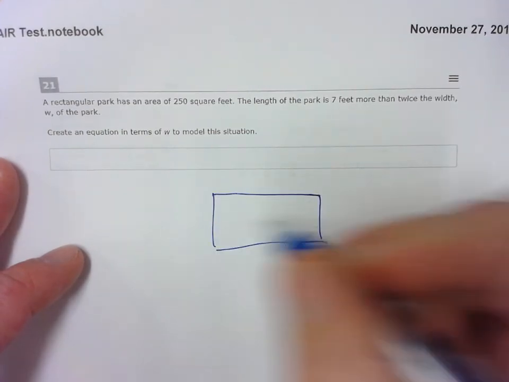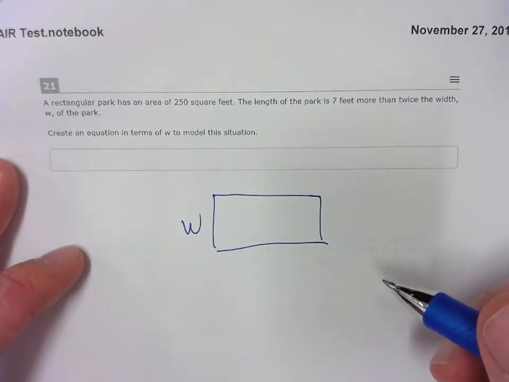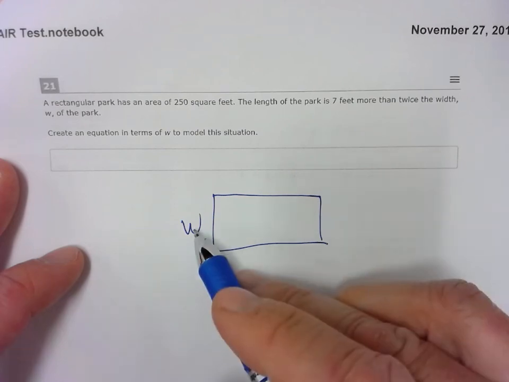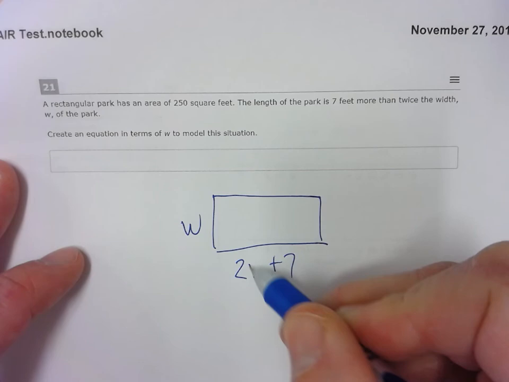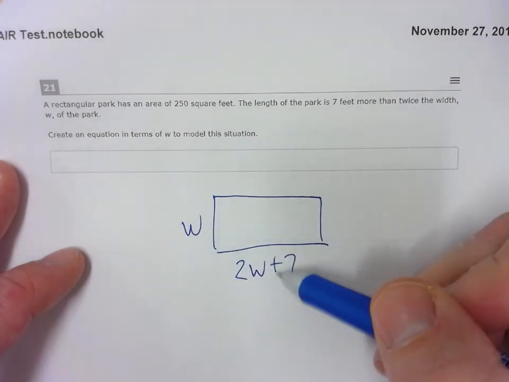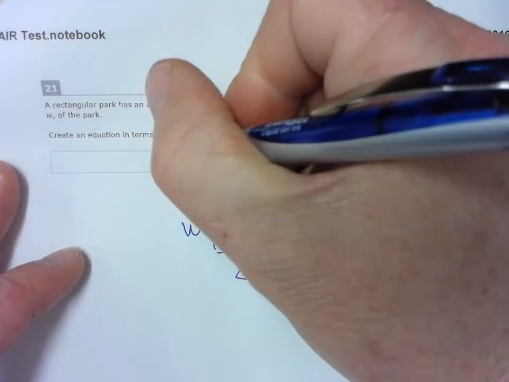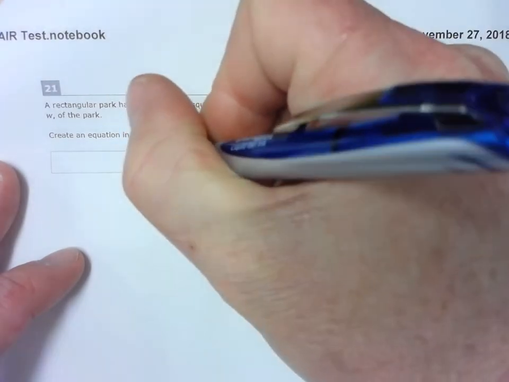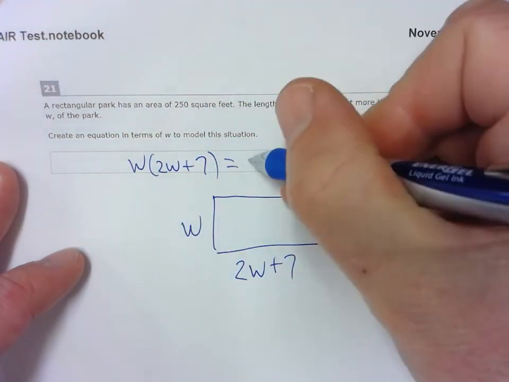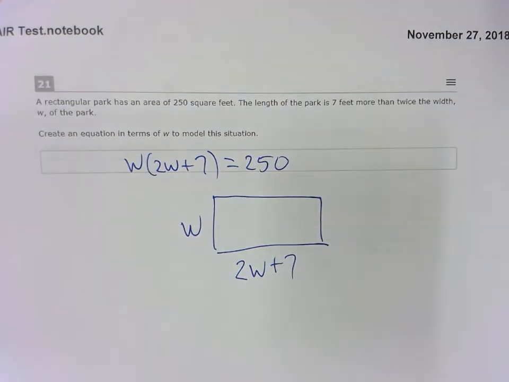So here's width, okay, and the length is 7 more than twice the width. So 7 more means plus 7 and then twice the width. Okay, so the area would be multiplying these two together. So you have to type this in the box here. So 2W plus 7, and that's going to be multiplied by W, is equal to the area of 250.